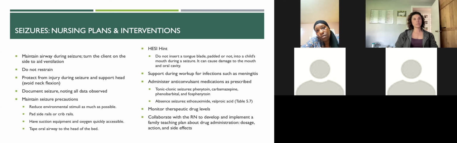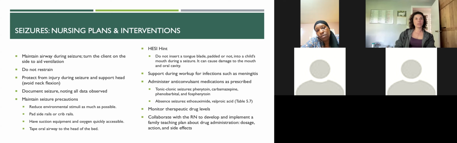So we have to keep a very close eye on our therapeutic drug levels. So we have to get to a certain level of medication to make sure that it's effective and it's controlling our seizures, but we don't want to go too high or too low because we risk reaching toxic levels or not controlling our seizures at all.